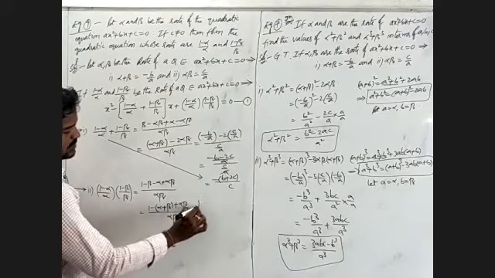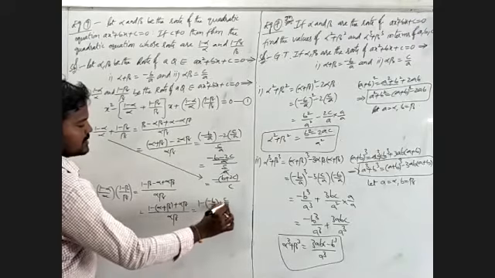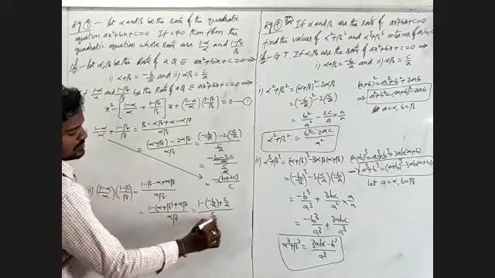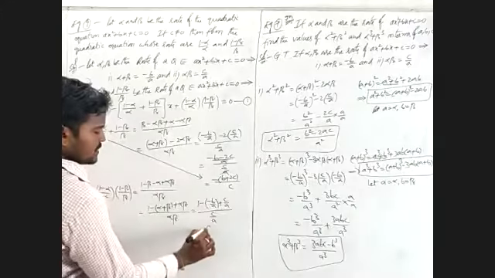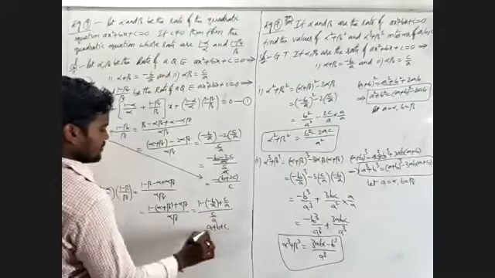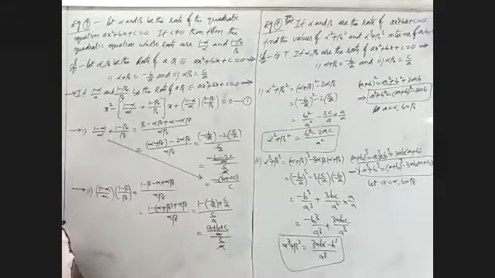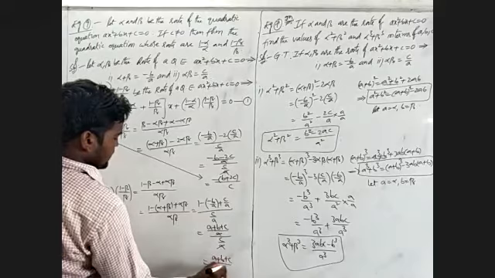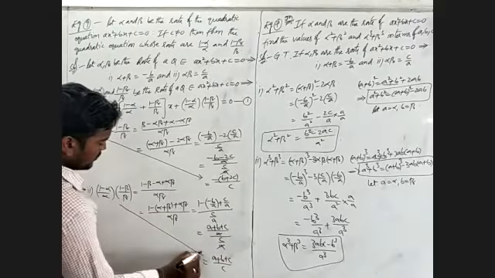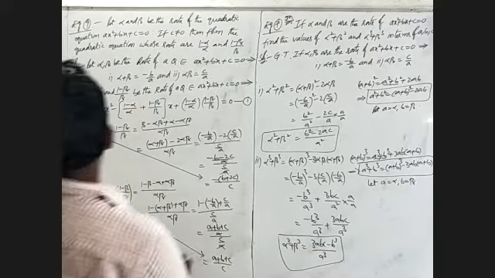That is 1 minus, where alpha plus beta is minus b by a, plus alpha beta which is c by a, with denominator c by a. Minus into minus will become plus, so a plus b plus c by a, with denominator also c by a. A and a will be cancelled, remaining a plus b plus c by c. This is the value of 1 minus alpha by alpha into 1 minus beta by beta.